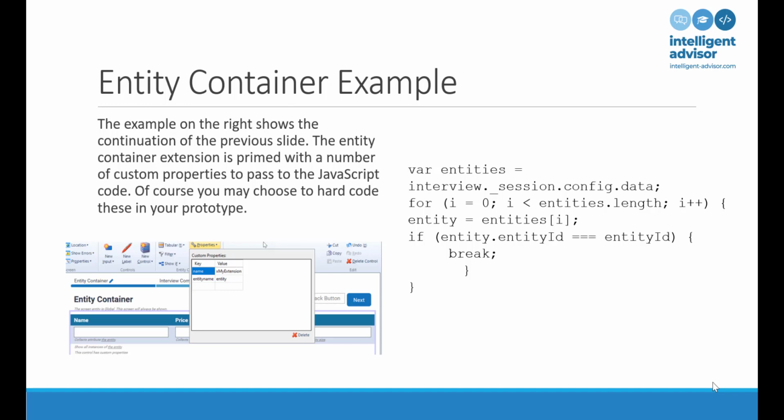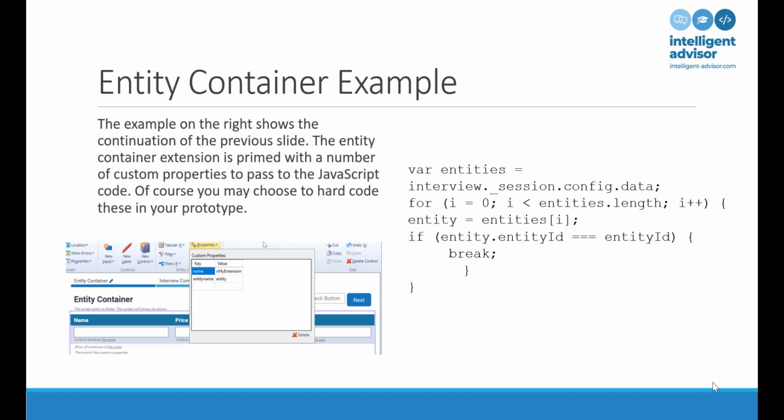A very common model you'll see in interview screens is that the developers will use the control properties to pass information to JavaScript. So you can see in this case, we're passing information such as the entity name, and we're passing also a name, which allows us to identify the control in the code. So in this case, it might be that the entity helps us identify which entity this container is looking at.